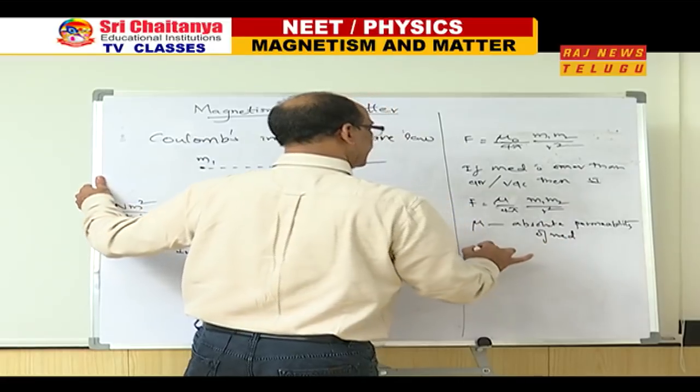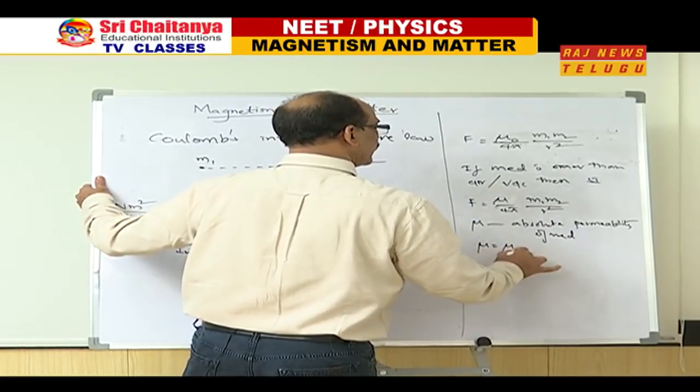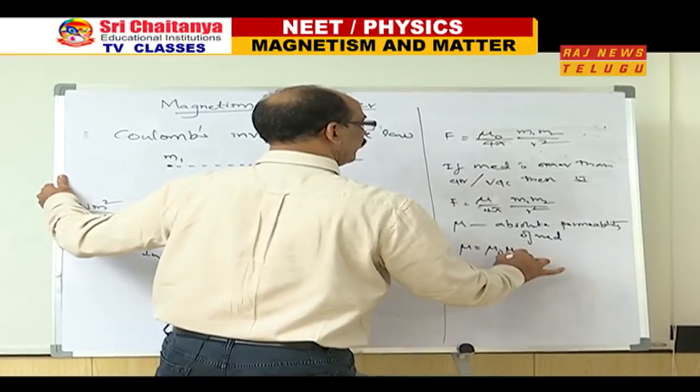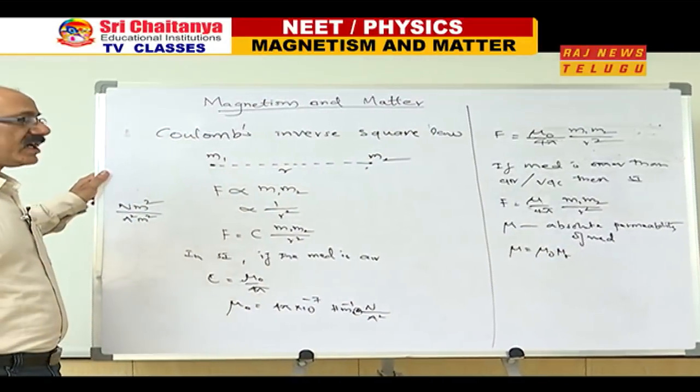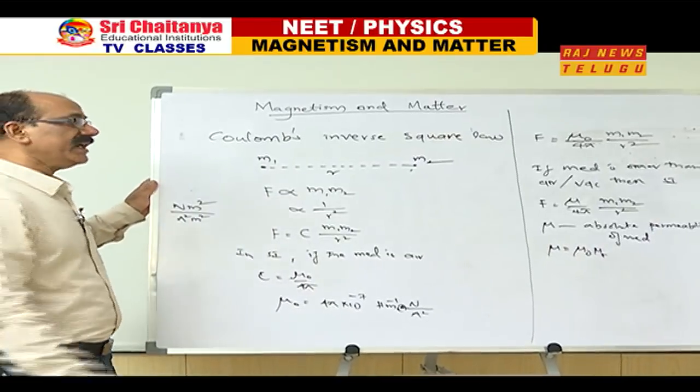This can be written as mu naught times mu r, where mu naught is the permeability of vacuum and mu r is the relative permeability of the medium.